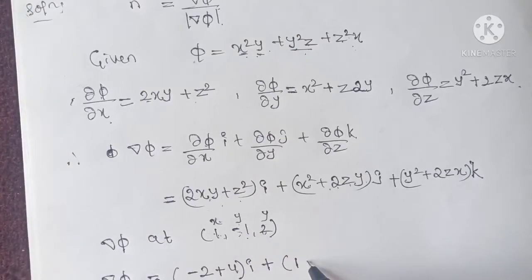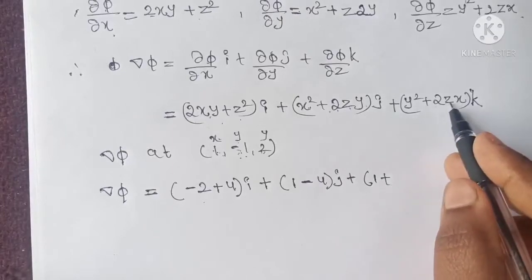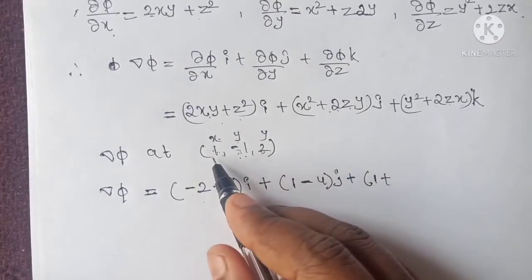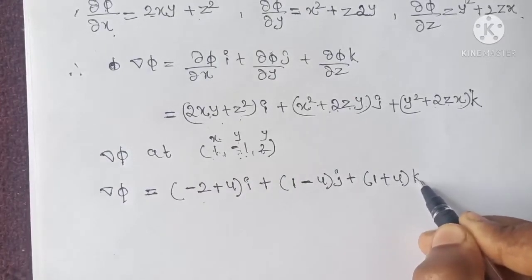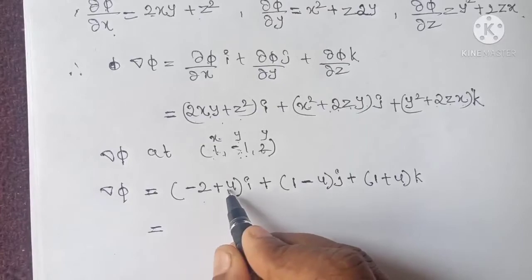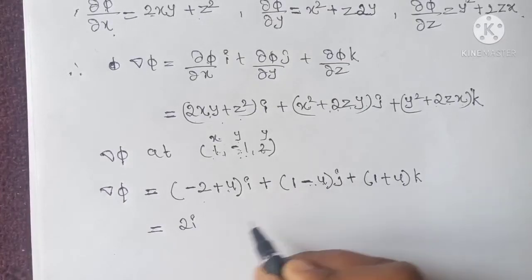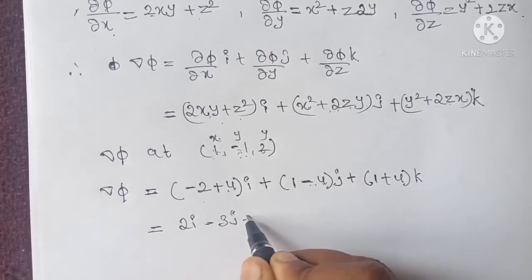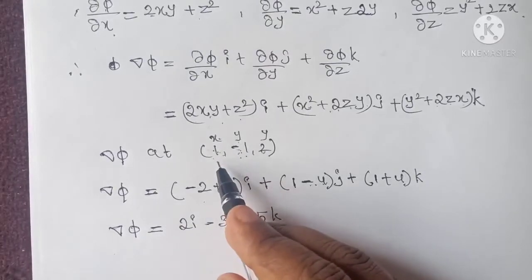So we get minus 2 plus 1, minus 3 into j, plus y square, that is minus 1 square is plus 1, plus 2 into z into x, 2 into 2 is 4 into x, that means 1. So we get 5 into k. Further simplifying, we get 4 minus 2 is equal to 2i, minus 3 j, plus 5k. So this is the del phi value at the given point.